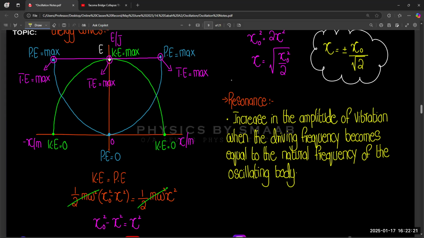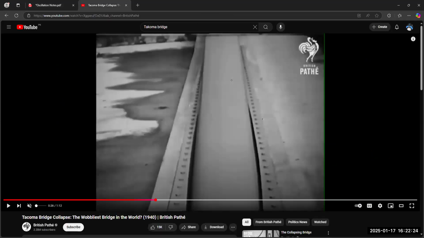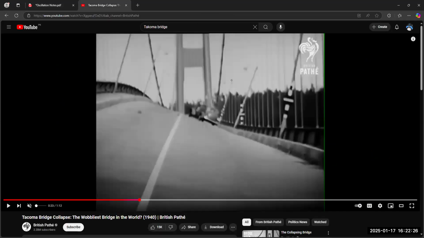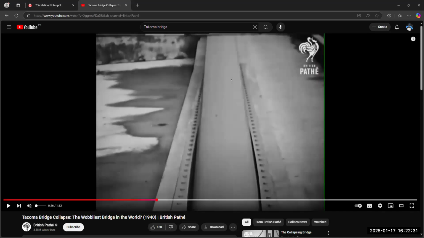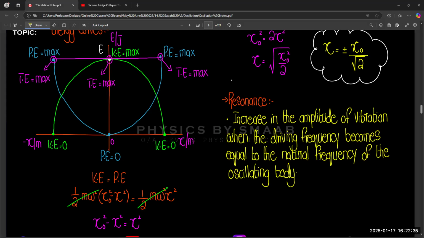Just like in this example, we observe that this bridge is oscillating like a rubber band or a string. But this is a complete solid object, so solids cannot oscillate in this way, otherwise they start to deform. So this is the idea of resonance.